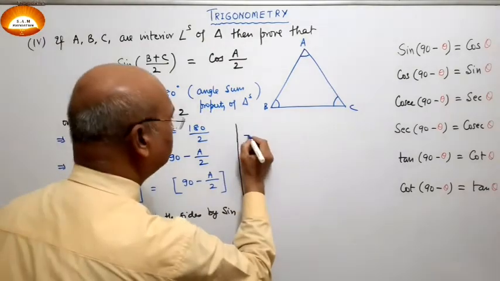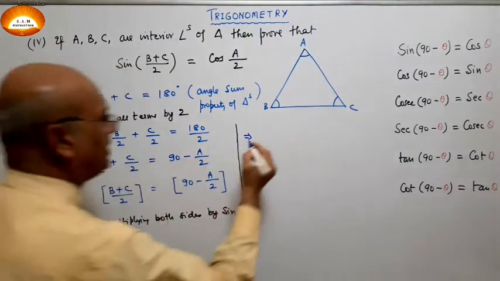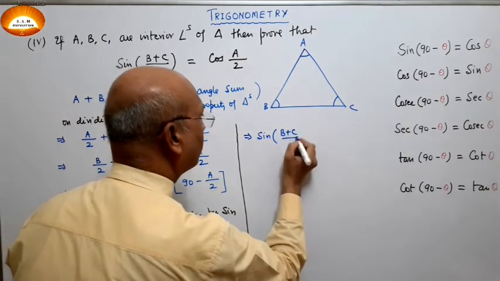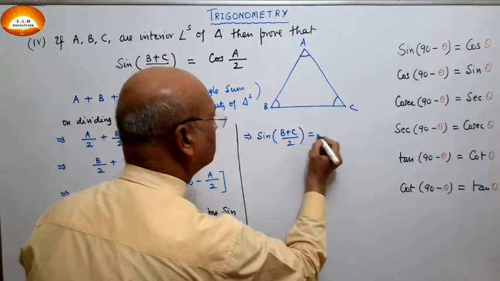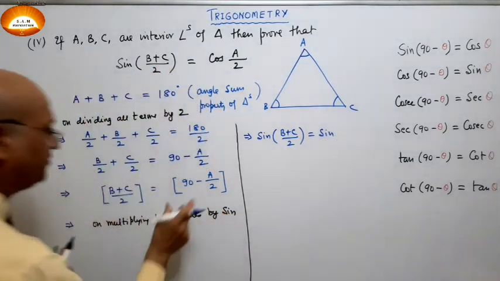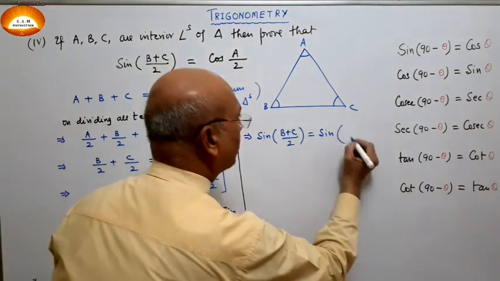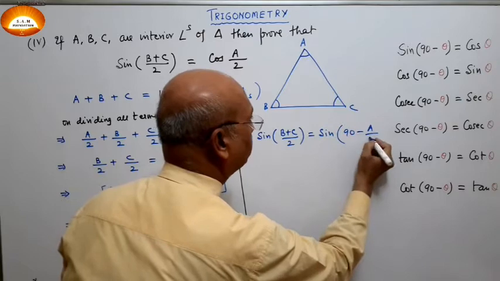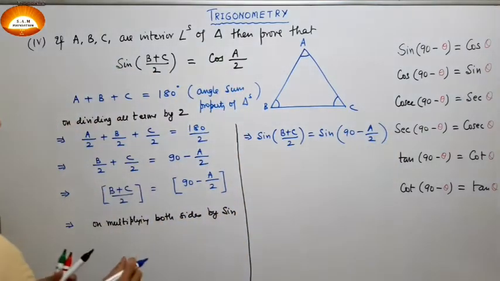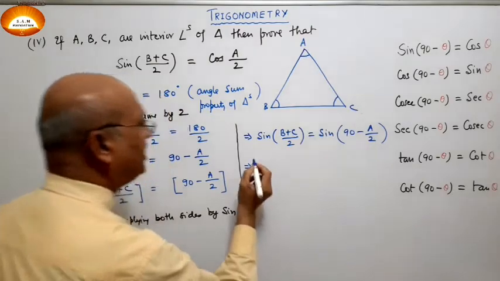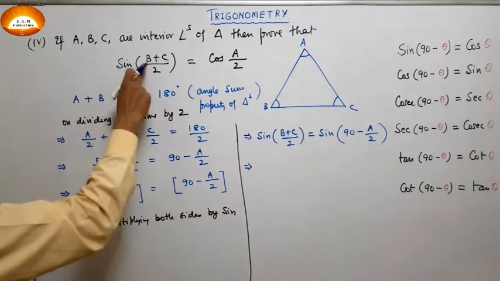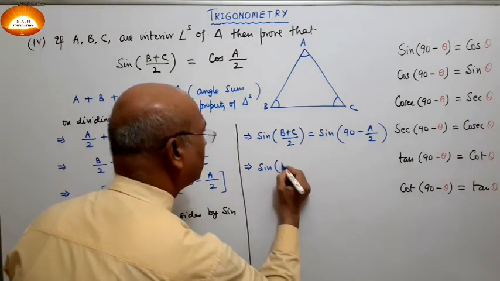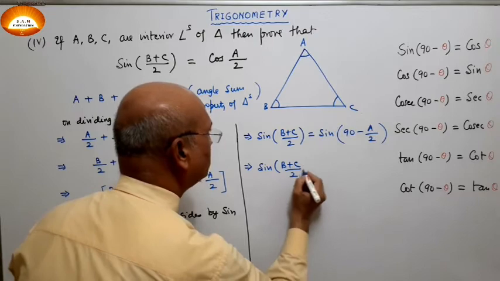So what you are going to get here is sin of B plus C upon 2, that is equal to sin of 90 minus A upon 2. Okay. Now on the left hand side, we want this only, sin of B plus C upon 2. We have already got this, so no change.